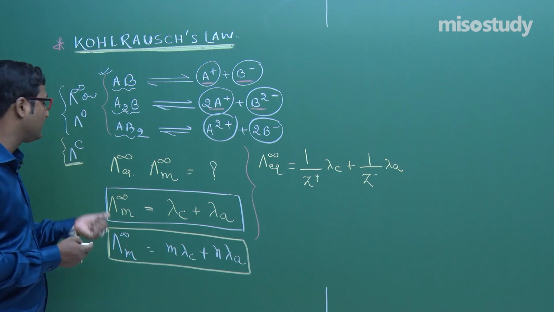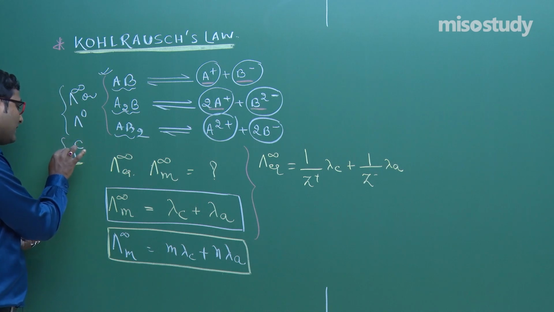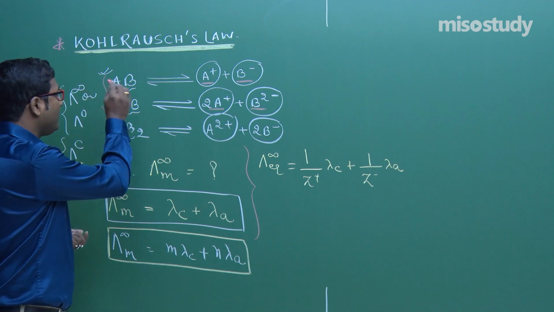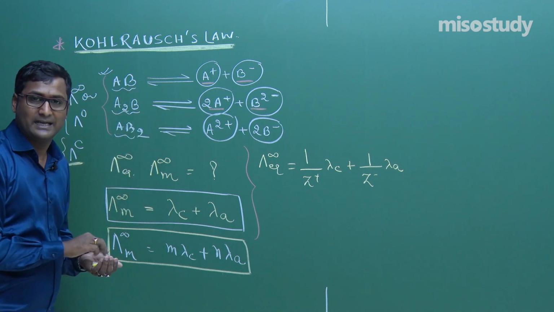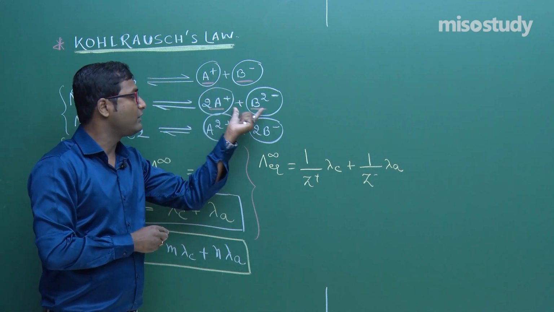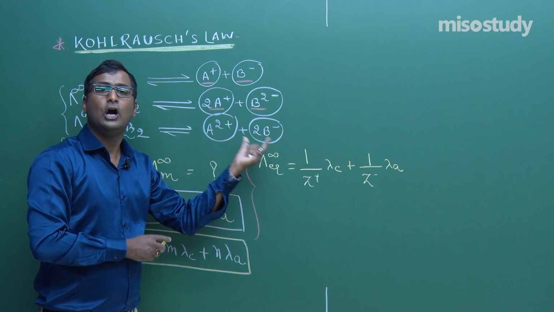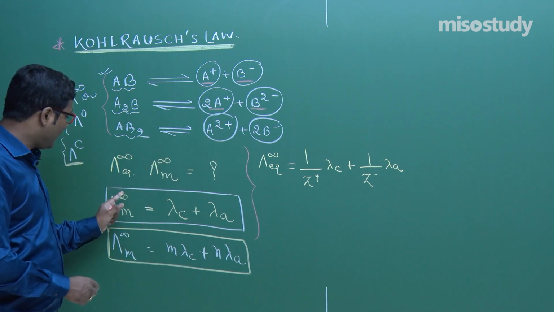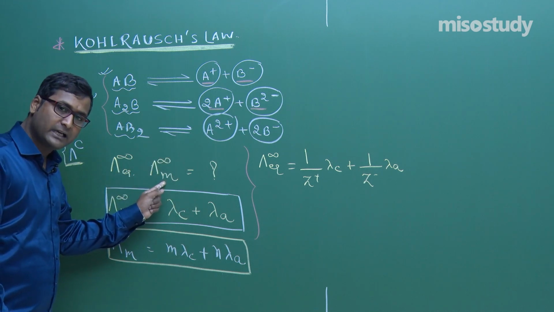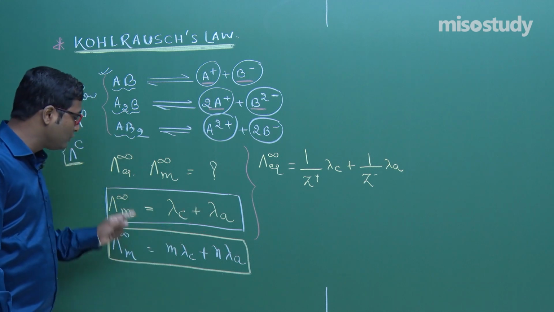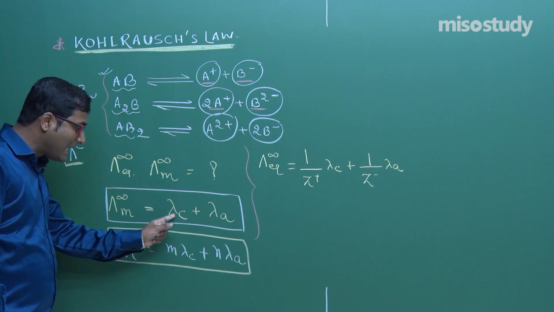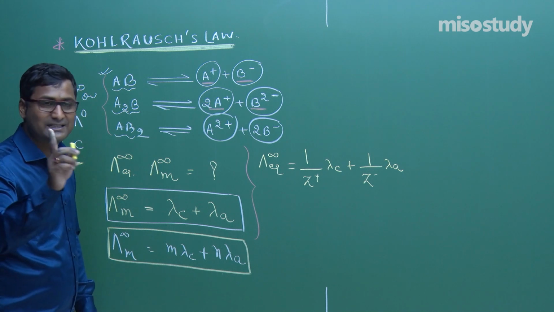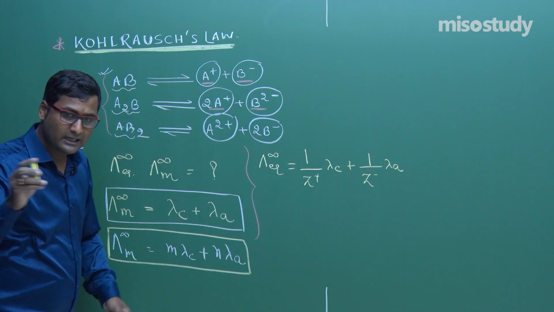I have discussed this relation in my last class. Now if dissociation takes place, then each ion will contribute towards the equivalent or molar conductance of the solution. So the equivalent or molar conductivity at infinite dilution is equal to the ionic conductivities of cation and anion. This is Kohlrausch's law. Clear?